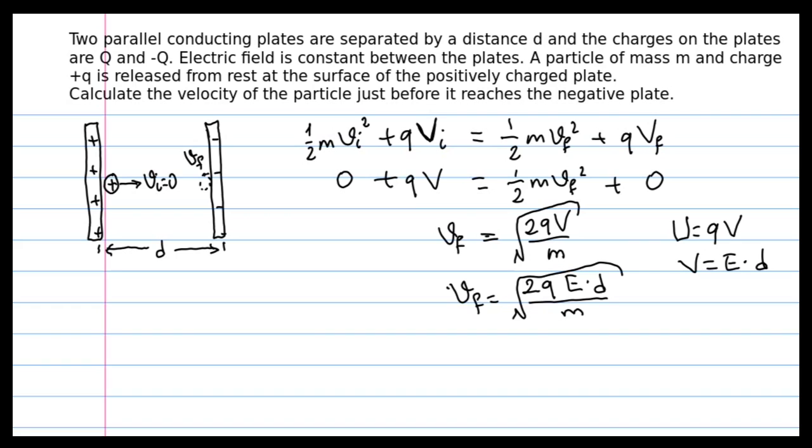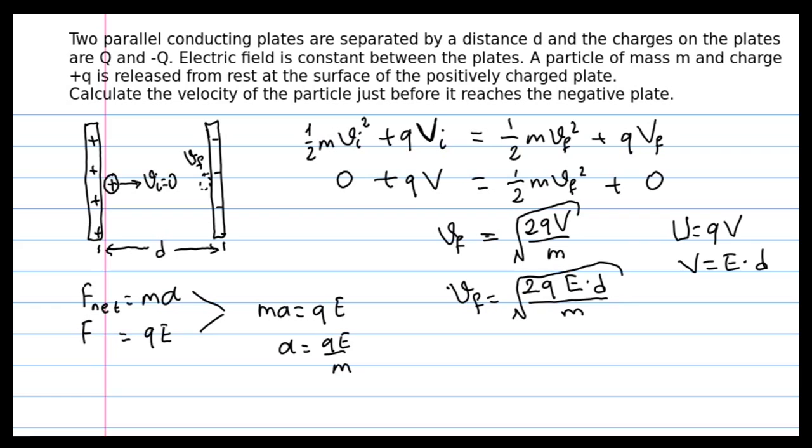The second method is using kinematic methods. F net is m times acceleration. Electric force is F equals qE. And the net force is the electric force between the plates. Therefore, we can write m times a is q times E. So the acceleration is qE over m.